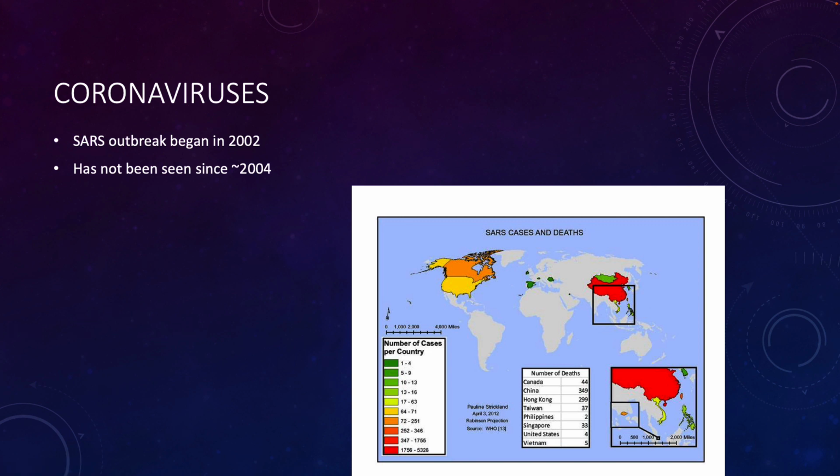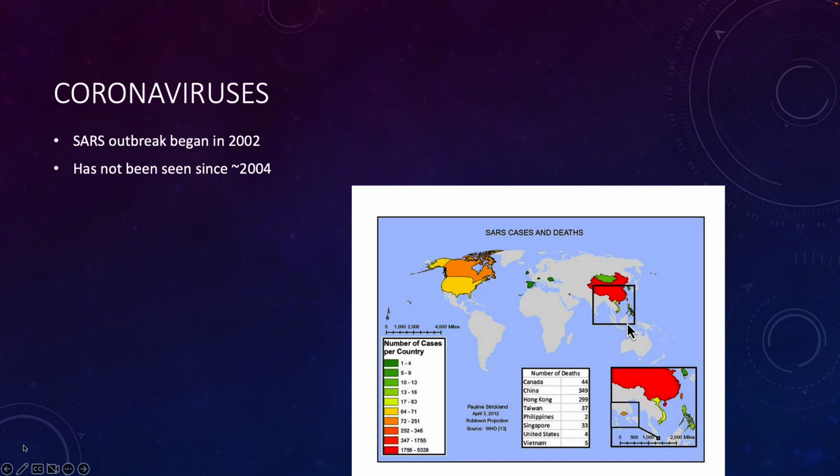Did it make that jump into people? It had too high a mortality. People tended to isolate themselves. Everybody in these infected areas wore masks. Is it gone? Maybe. Can I say that for certain? Nope. Because it could be still hiding in some reservoir animal waiting to make that jump again.